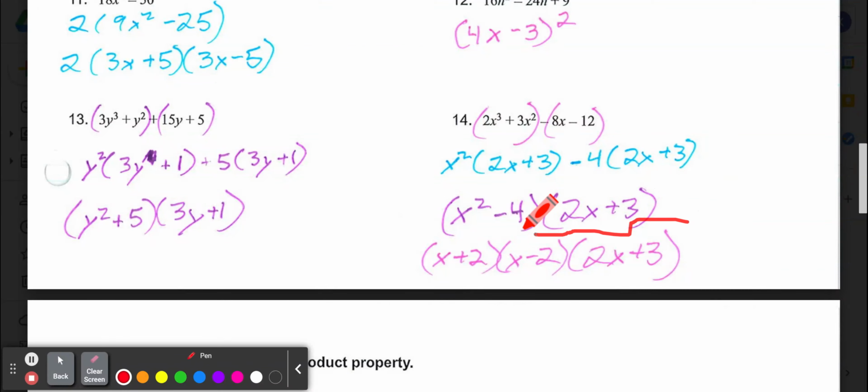Now if you left your answer at this step, for your level, I'd be okay with it. But to technically factor completely, we would want to notice the x squared minus 4 can further be factored to x plus 2, x minus 2, because it's the difference of two squares. But I would take this answer or this answer for your level.